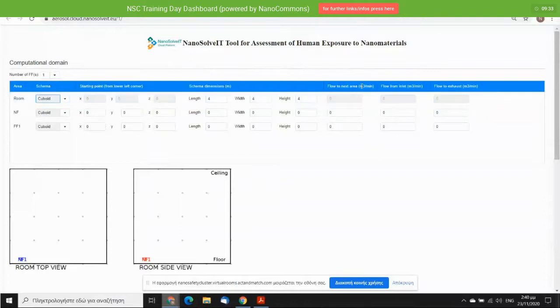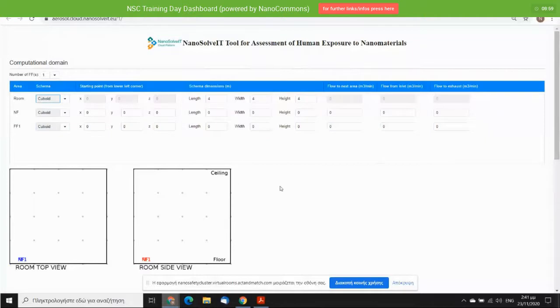And these are our flows, which connect the boxes, the areas among them, and to and from the environment. So flow to next area is the communication between two areas. From inlet is a flow that comes from the environment inside the different areas. And flow to exhaust is the flow going out from the area to the environment.